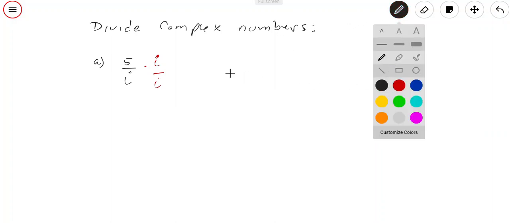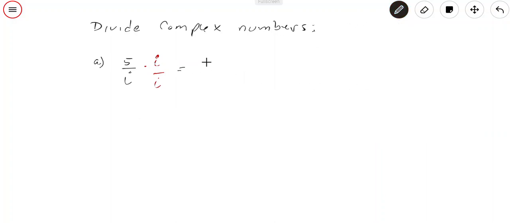So I will say here that this is 5 times i, 5i, and below I have i times i, which is i squared. I know that i squared is -1, so I have 5i over -1, so I have -5i. So the quotient of 5 over i is equal to -5i.